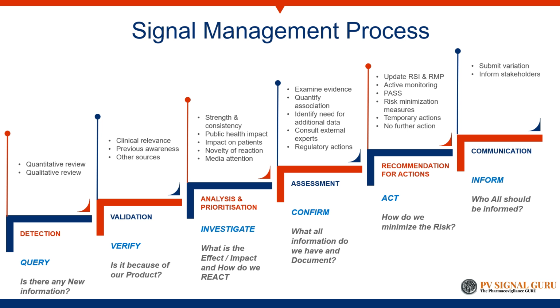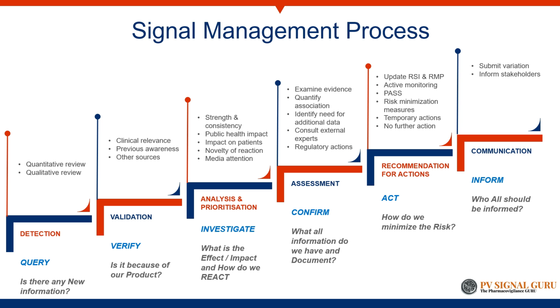By following the structured signal management process, pharmacovigilance teams can effectively identify, evaluate, and address potential risks, ensuring the safety of medicinal products and protecting public health. So the overall key takeaway of the signal management process is that it is a structured, step-by-step process designed to safeguard patient safety.